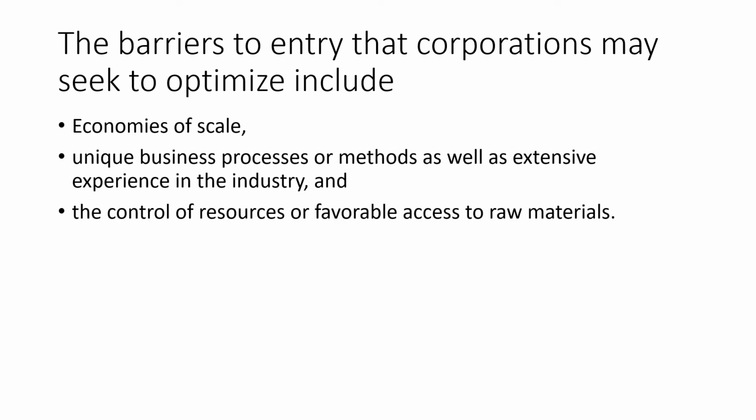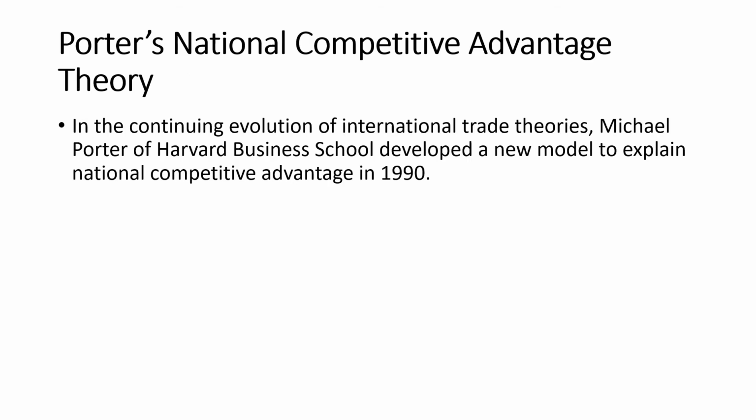They have economies of scale, unique business processes or methods, and also have control over resources or favorable access to raw materials that give them the opportunity to have competitive advantage over other companies in the industry.